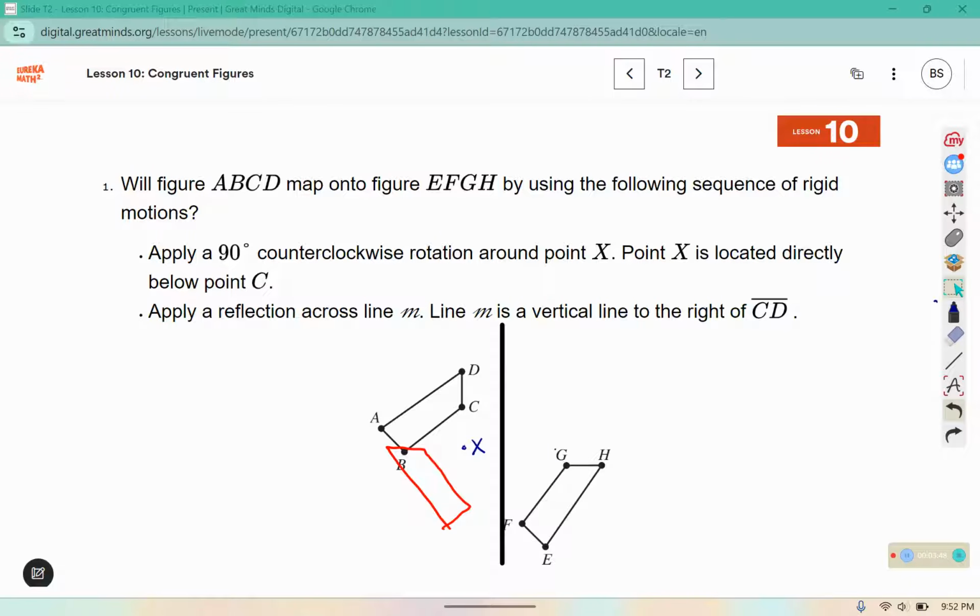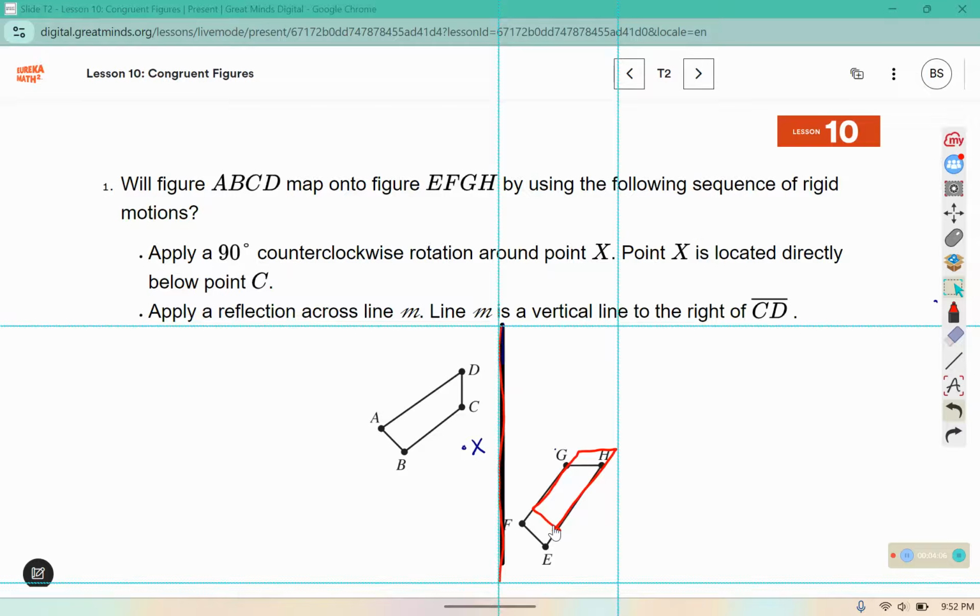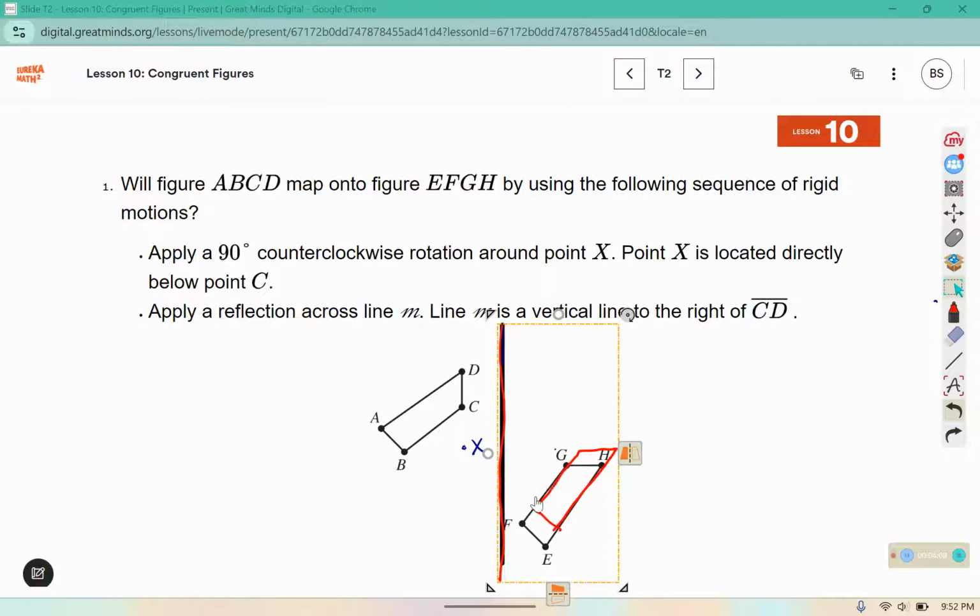So we are going to take this figure and this line and we are reflecting over the line. Will it map to E, F, G, H?